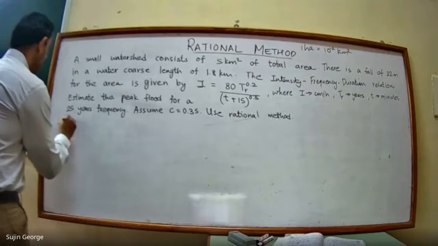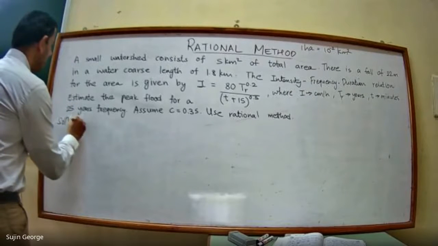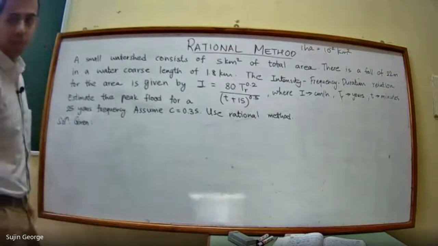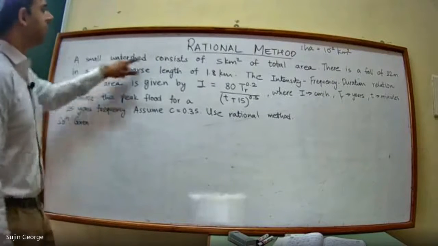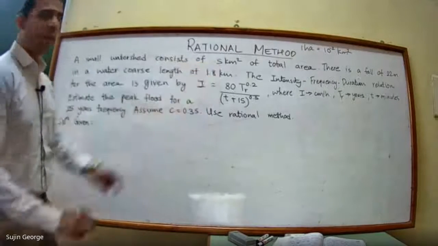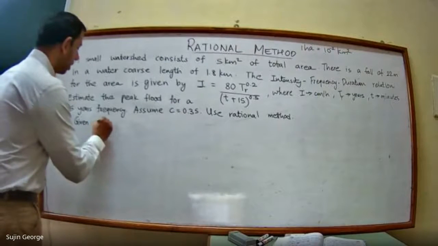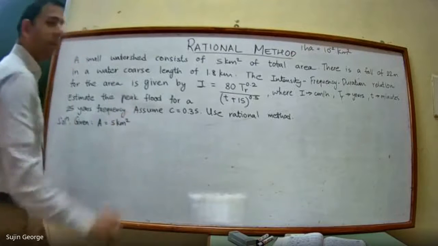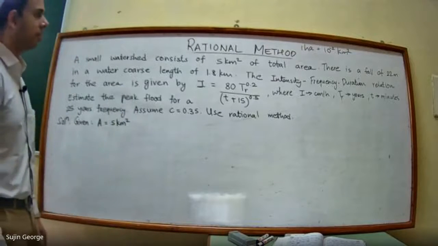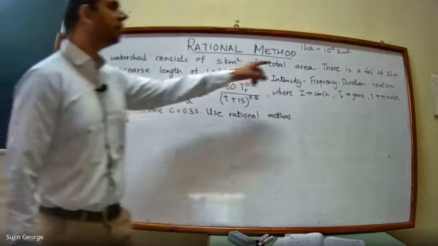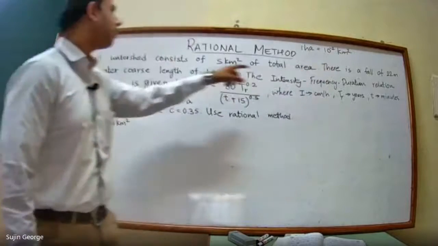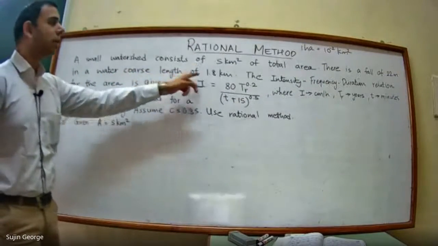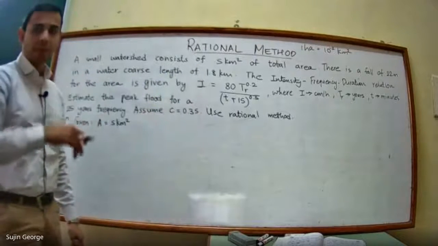The solution for this problem will be, first you will have to write the given parameters. So what is given? A is given, the area of catchment is given as 5 square kilometer. Now this statement is different: there is a fall of 22 meter in a water course length of 1.8 kilometer.